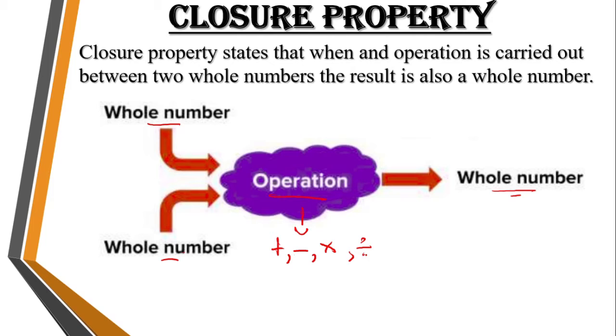If it is a whole number, then that operation holds true for closure property. And if that operation doesn't give the answer as a whole number, then it doesn't hold true for closure property. Now let's see the different properties: closure property of addition, subtraction, multiplication and division.